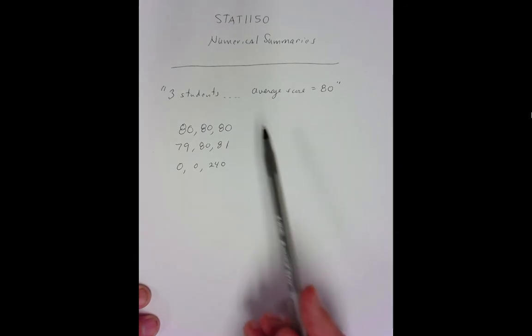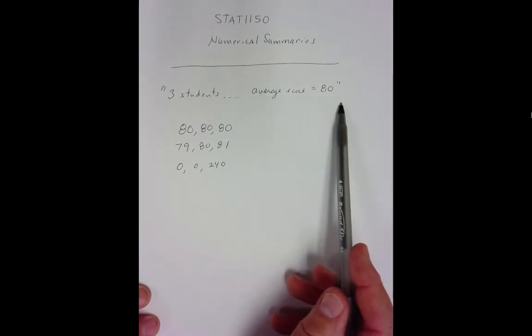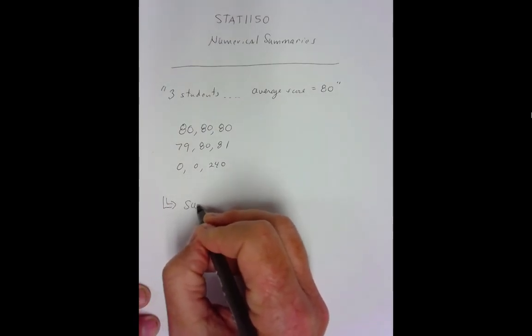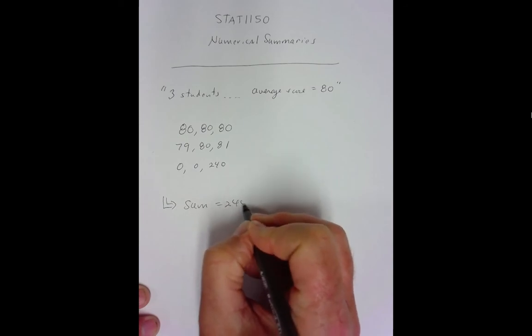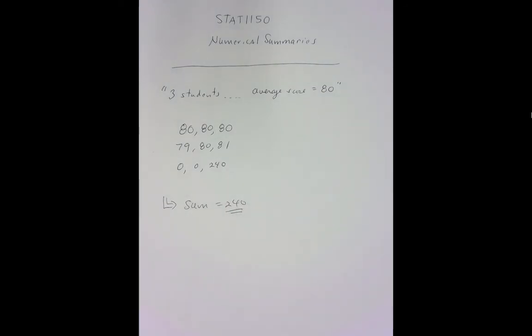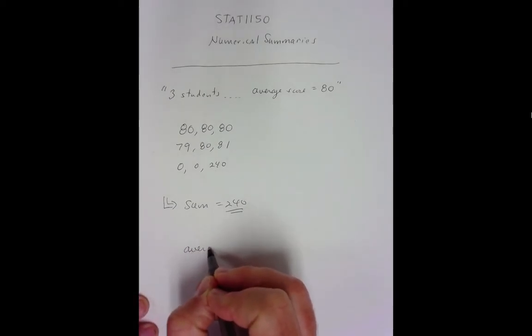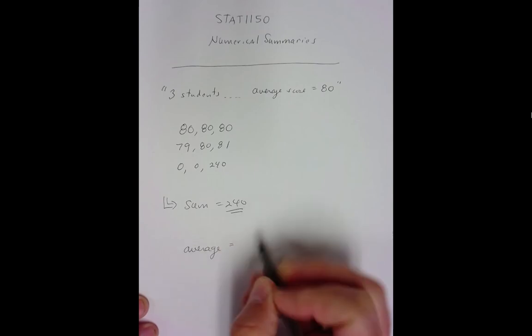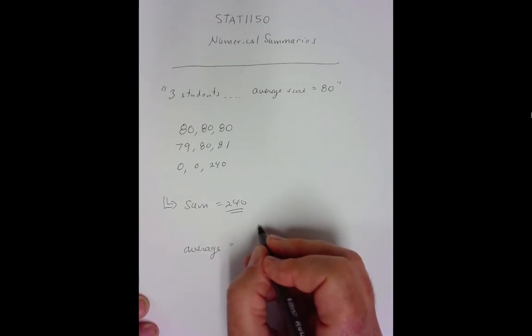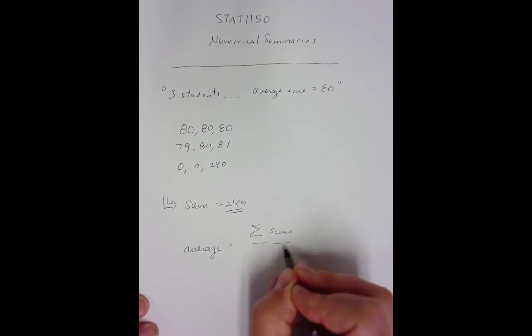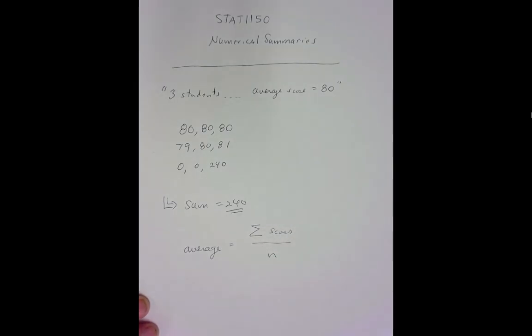So anyway, my point is, when you say that you've got an average score of 80, really the only thing that you can say for sure is that the sum of the scores had to be 240. Because when you find the average of a set of scores, essentially what you do is you take the sum of the scores divided by the number of scores that you're given.